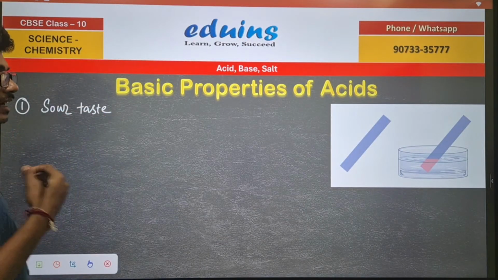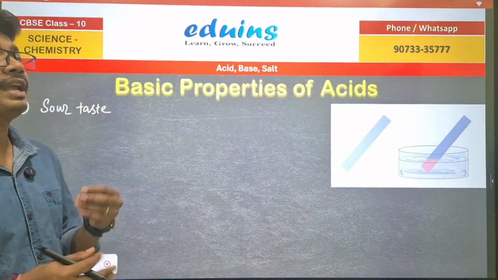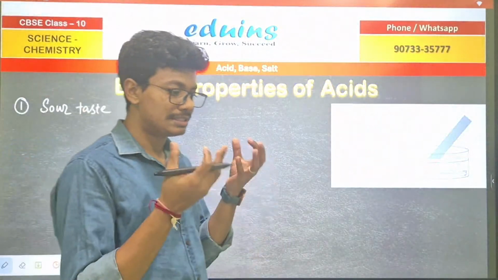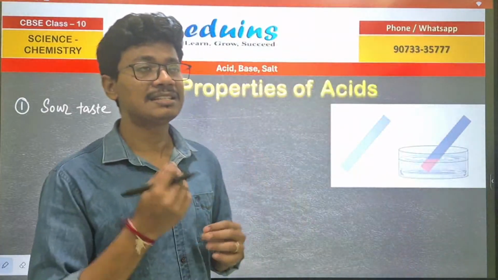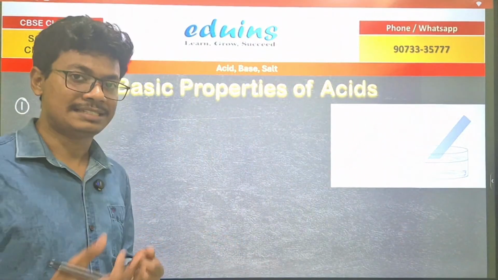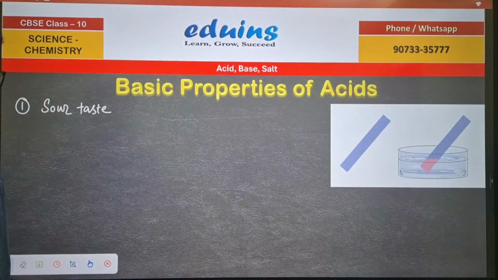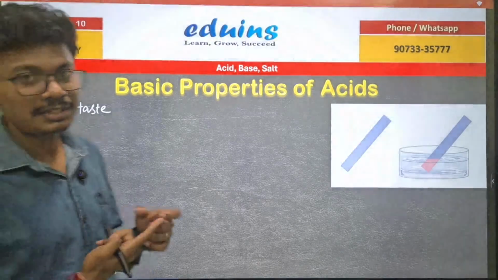Acids are tasted as sour, like when we eat raw mangoes, lemon, and similar things, we can taste the sour taste because they contain acids. Second, the acid changes the litmus color.